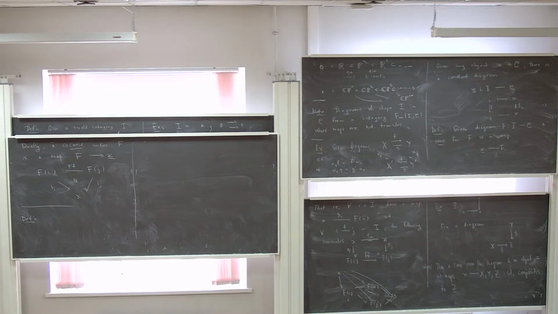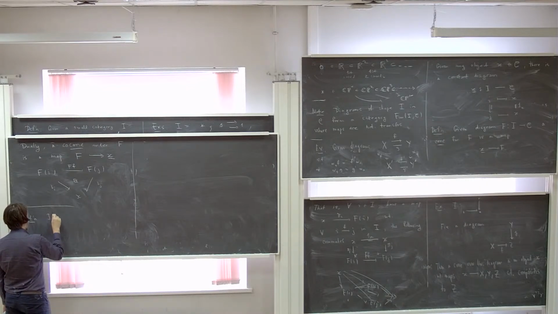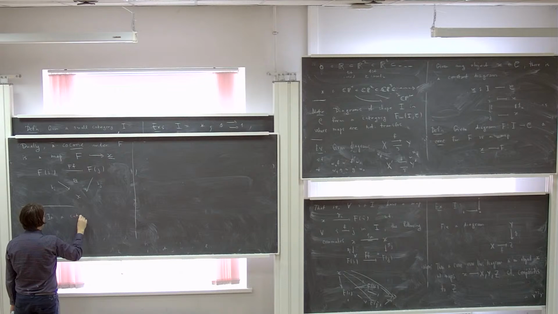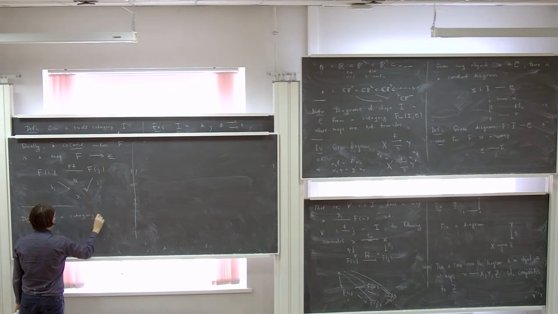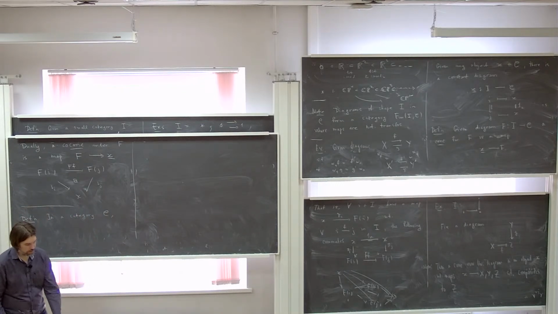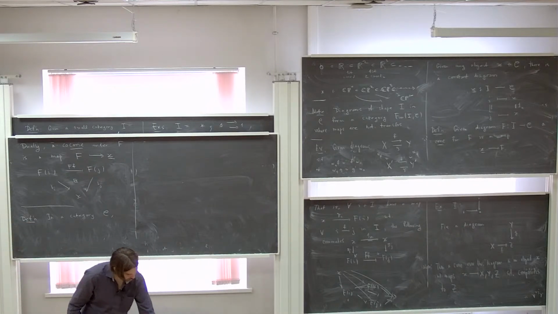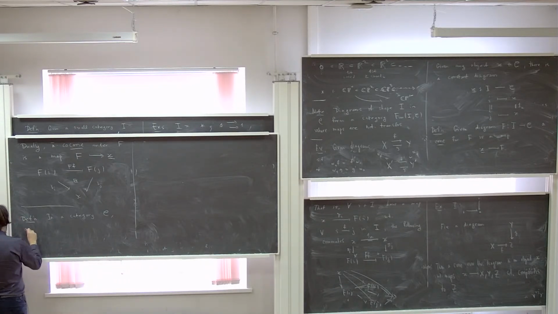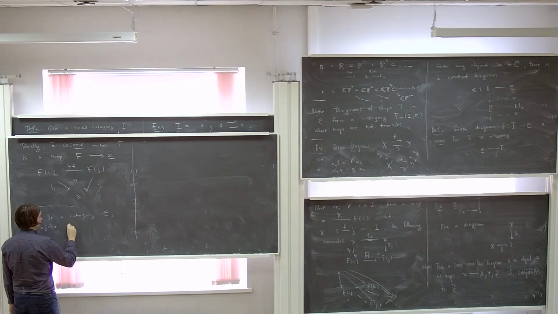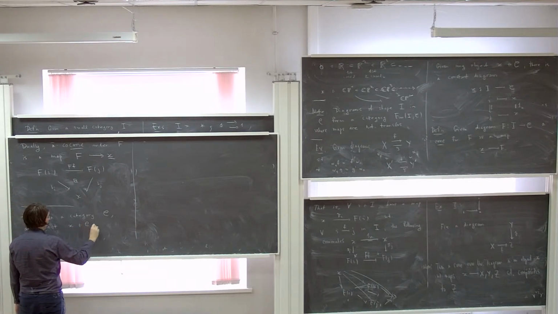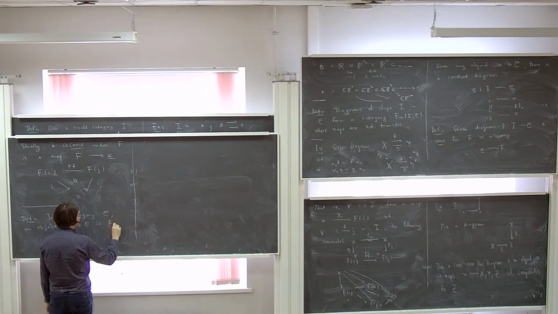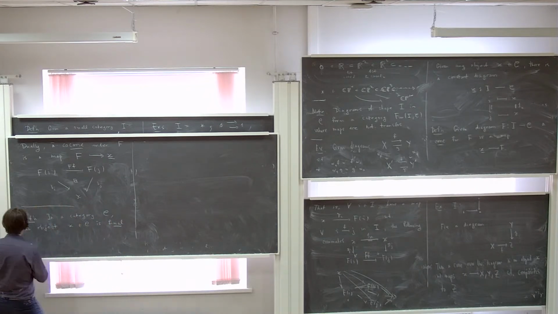In a category, an object, let's say X, is final if for any other object there's a unique map to this one. So everything ends there.